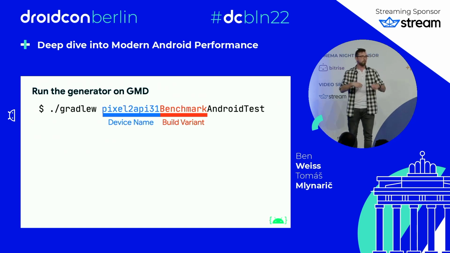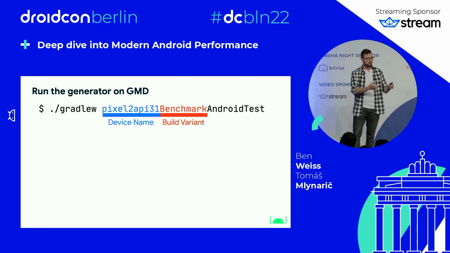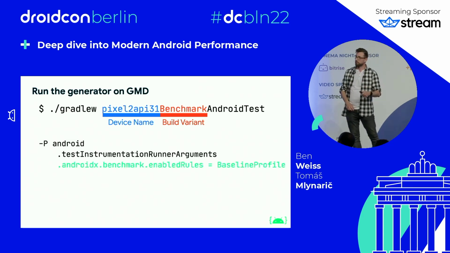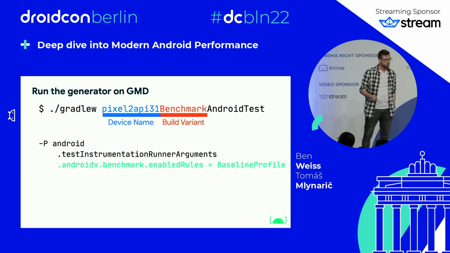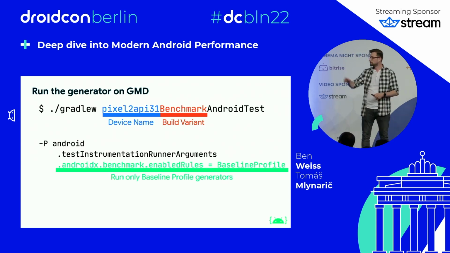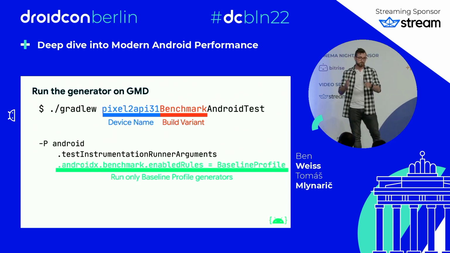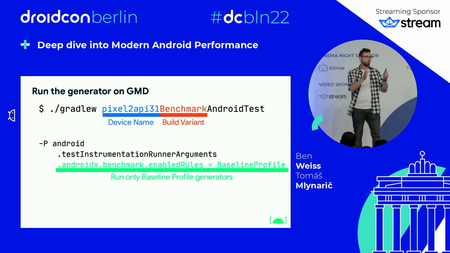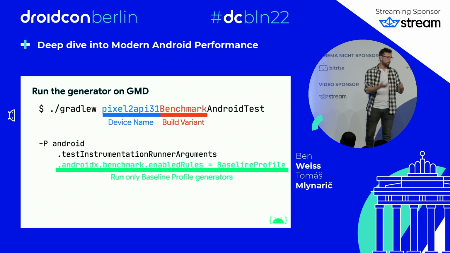If you run it, it would run all of the tests within a module. But we can use an instrumentation argument to filter just the baseline profile rules. So we'll use androidx.benchmark.enabledRules and specify baseline profiles, and this will filter out every test and run just the baseline profile generators. Okay, we'll run the task.